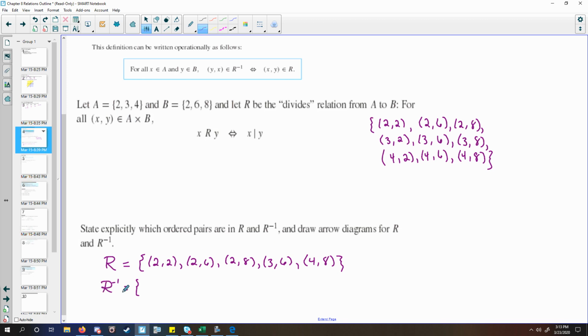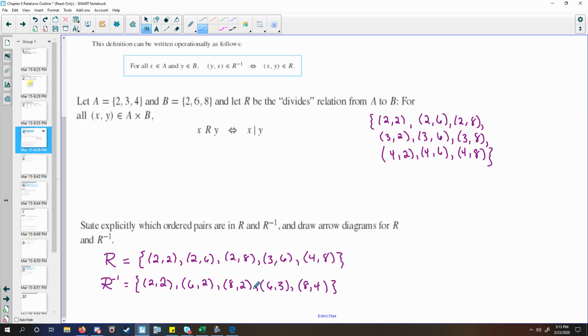By flipping all of your x's and y's around. So we would still have 2, 2. This one would be 6, 2, 8, 2, 6, 3, and 8, 4. So there you have it, your relation and your inverse relation.